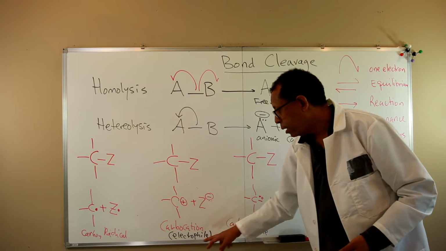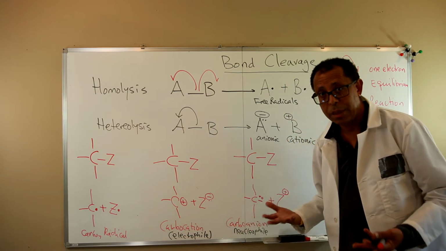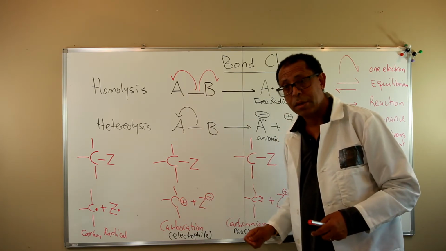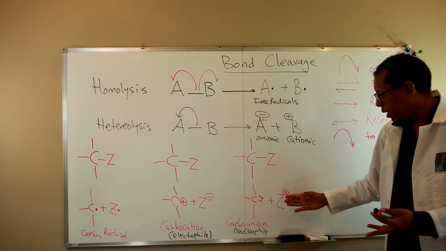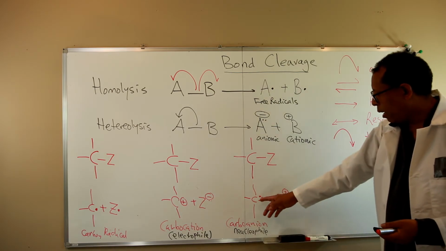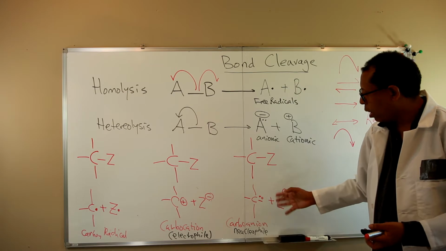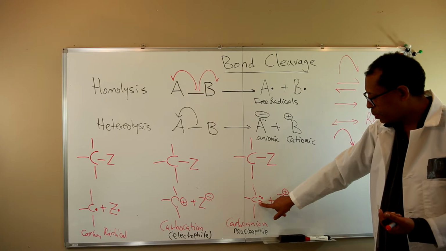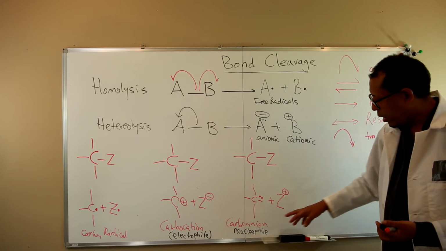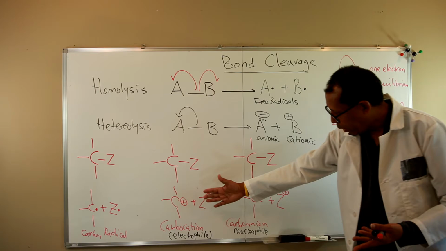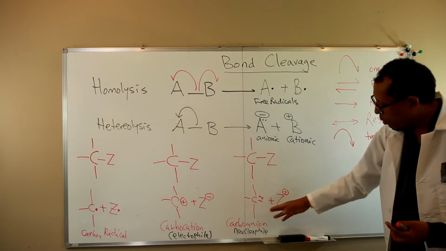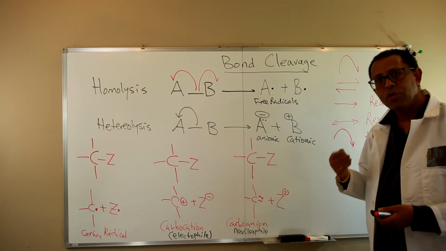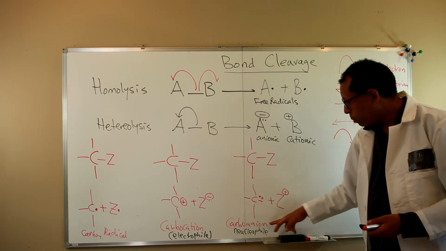The carbocation is an electrophile, meaning that it loves to get electrons from somewhere to be neutralized. Here you have bond breakage of this type, where the two electrons are all carried by carbon, and Z is a counter ion. We are focused on the carbon, so this is a carbanion, a carbon with a negative charge. Carbanion is the terminology you should remember.